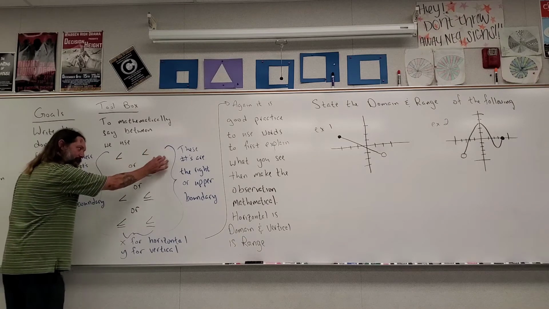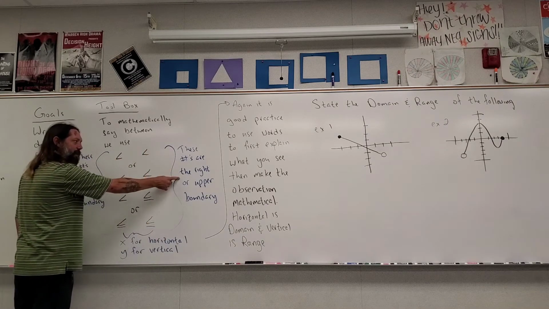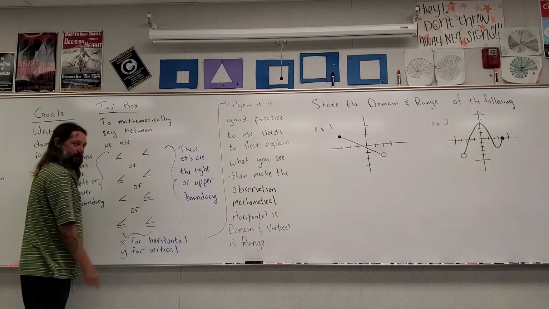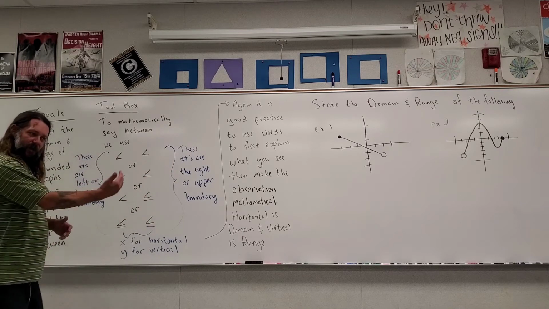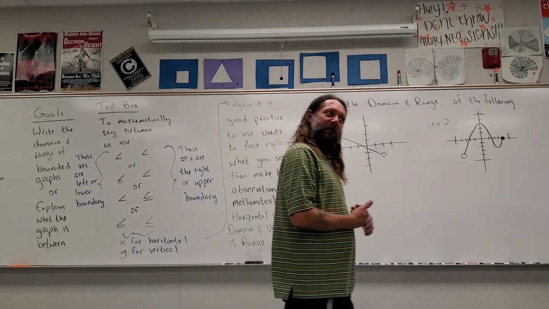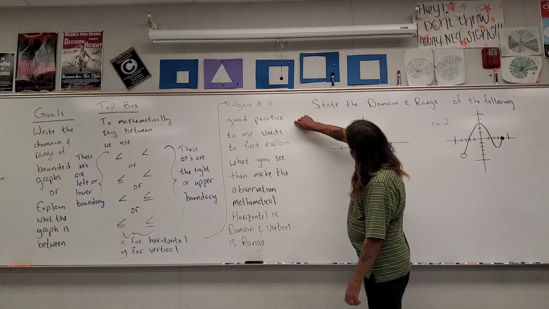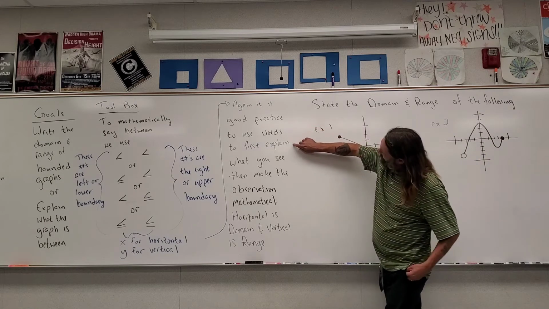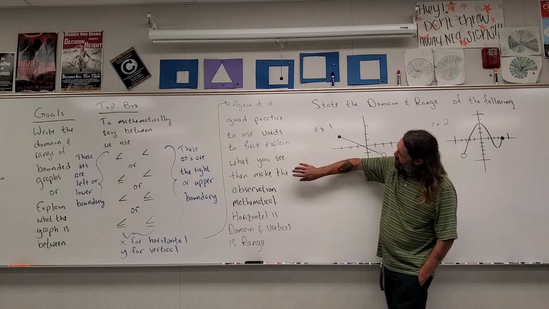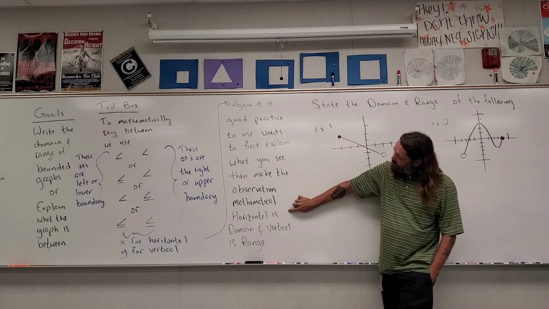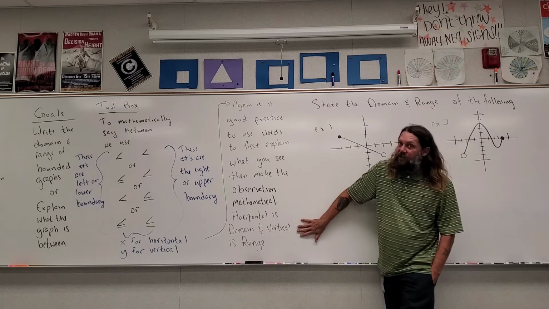And the numbers on the outside here, these numbers are the right or upper boundary numbers. Okay, so what is bounded on the right or below. All right. So again, it is good practice to use words to first explain what you see, then make the observation mathematical. Horizontal is domain, and vertical is the range.